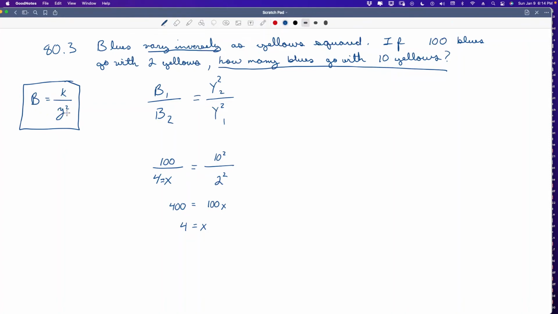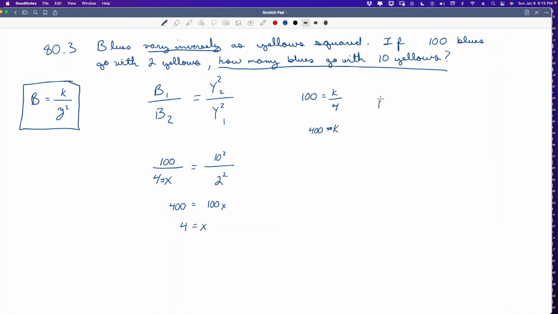Let's double check it against this method and see if we get the same answer. So blues, the original event was 100 equals K over 2 yellows squared. 2 squared is 4. So that tells me that if I multiply this times 4 and this times 4, 400 is equal to K. That's our constant.